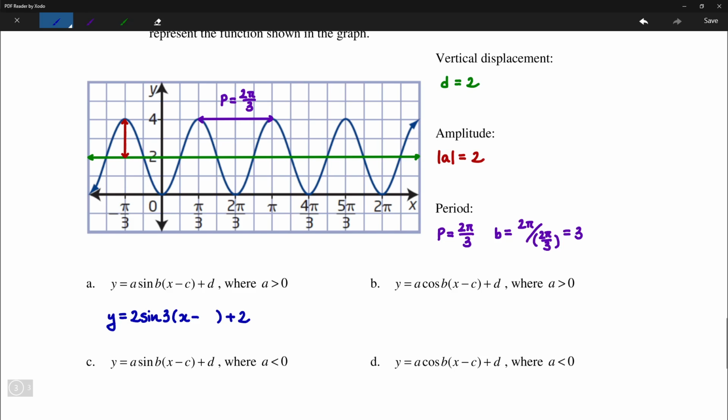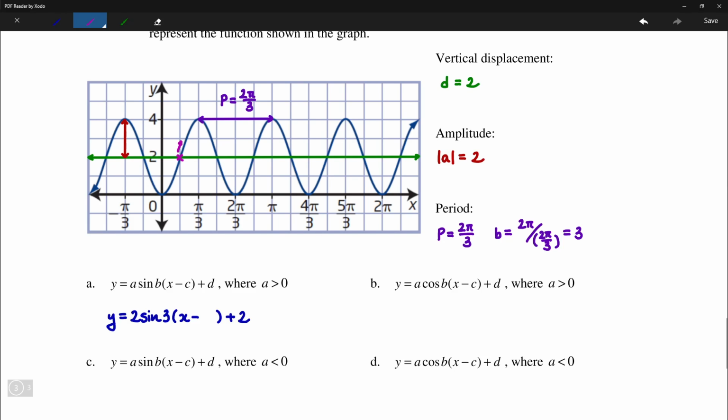So what we know about the sine function is that it needs to start at the midline and then immediately move upwards. That's the shape of the graph in general. So we need to look for somewhere on this graph where that happens. If we consider this point, for example, pi over 6, 2, notice that it starts at the midline and then immediately moves upward.